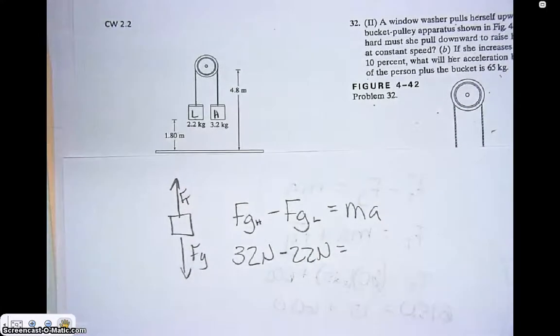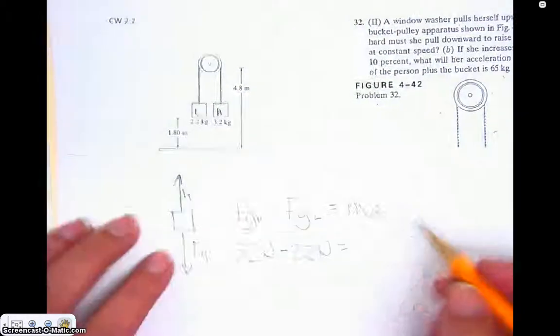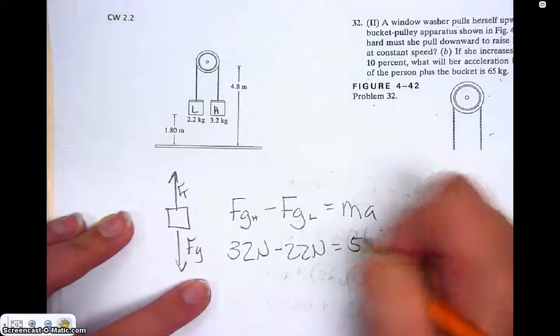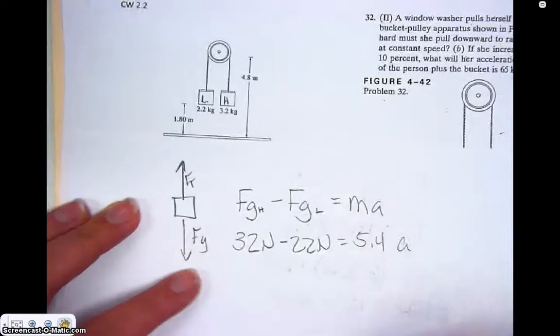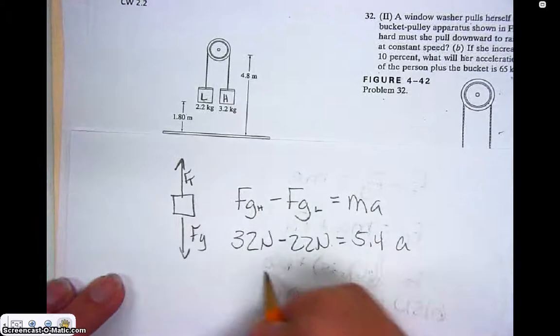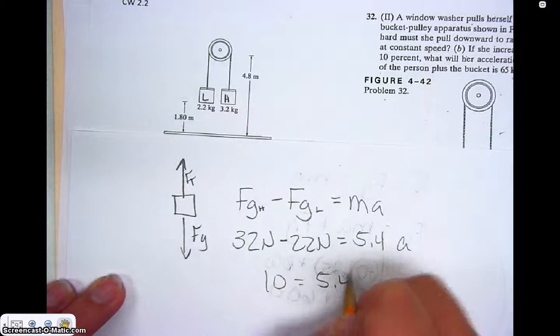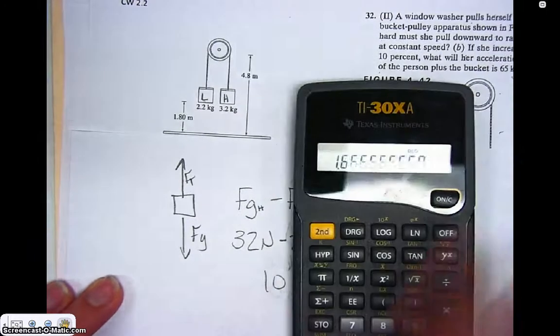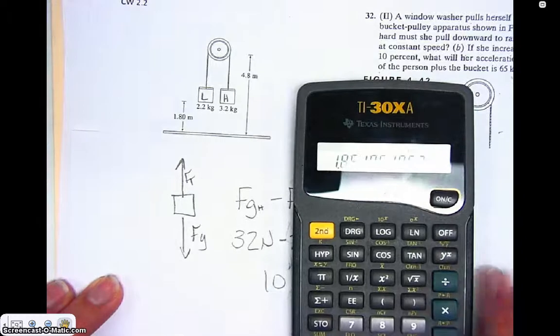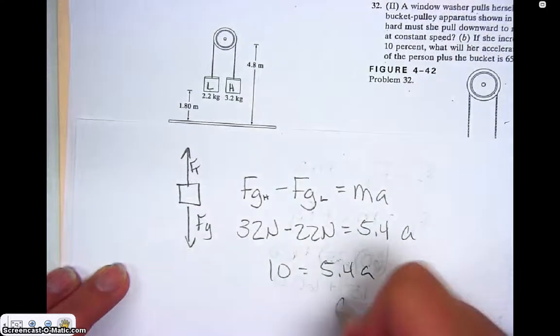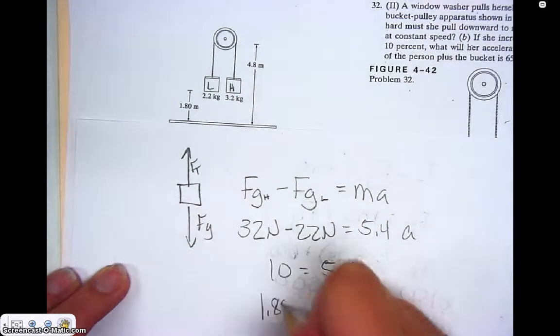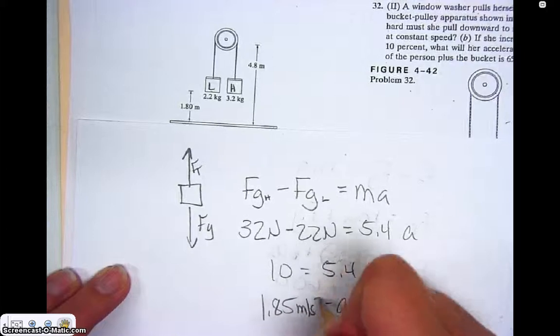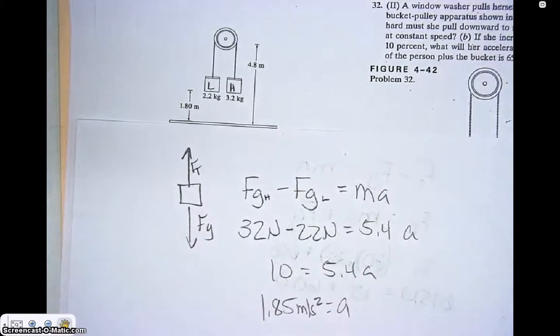Here we have to take into consideration the mass of the entire system because the whole thing is accelerating, so it's 5.4 a. We get 10 equals 5.4 a, and so the acceleration is 1.85 meters per second squared. That's the first part.